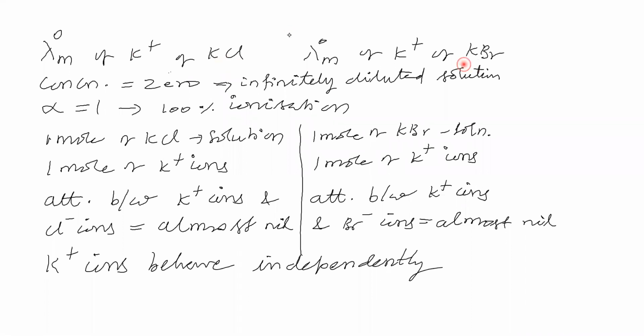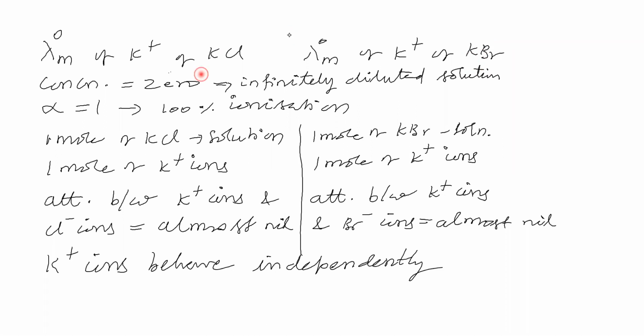In KBr solution, K plus ions are there. Here K plus ions behave independently, and here also. K plus ions are not getting attraction from Cl minus, nor from Br minus. So how will the behavior of K plus ions in these solutions be?